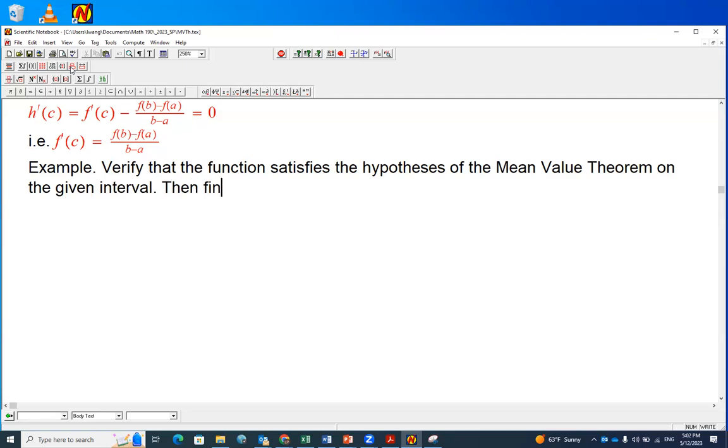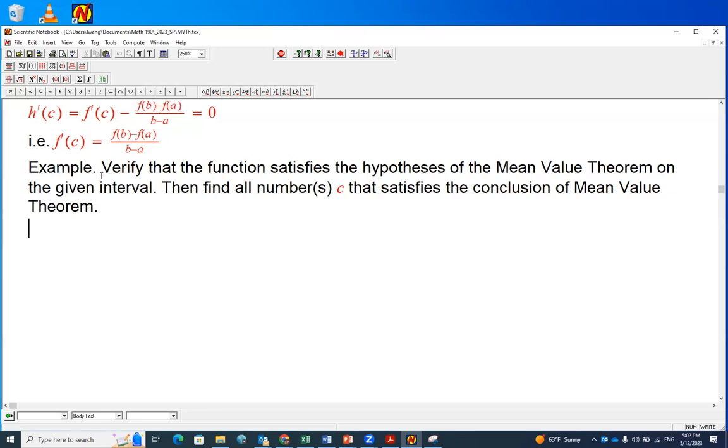Then find all numbers c, it could be plural, that satisfy the conclusion of the mean value theorem.